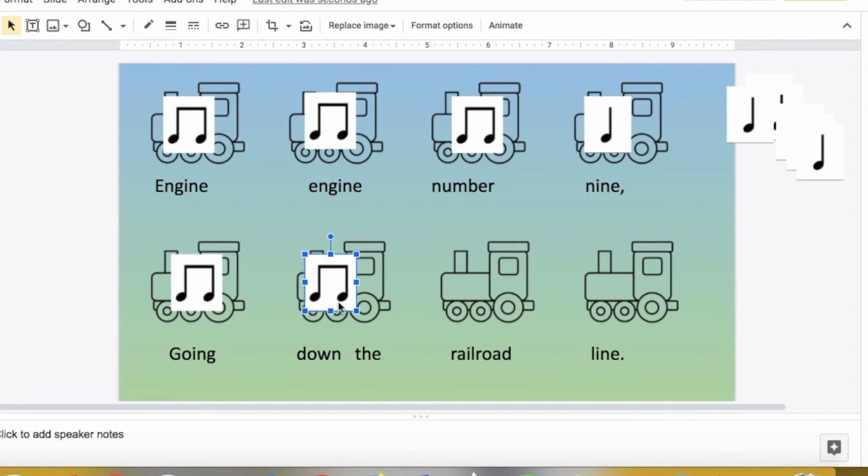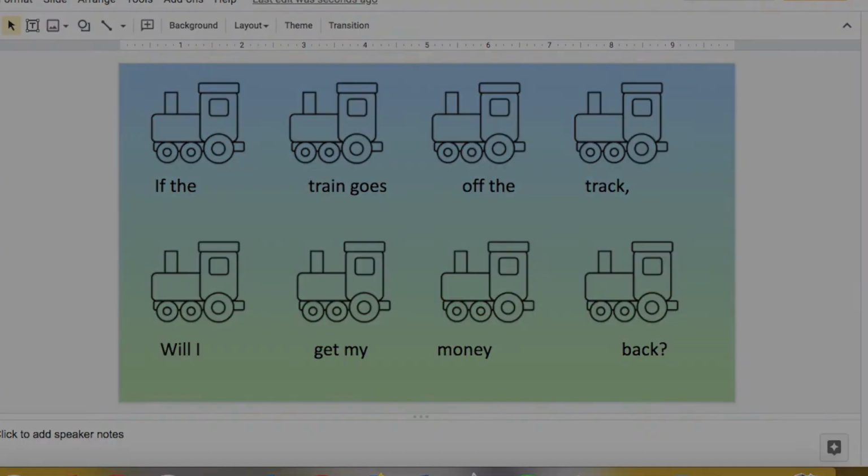What do you think about railroad? It's another two sounds on one beat, that's another TT. The last one here, line. One sound on a beat, that's a ta. Let's go ahead and move on to our next page.